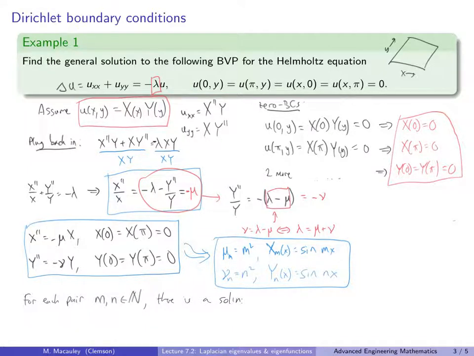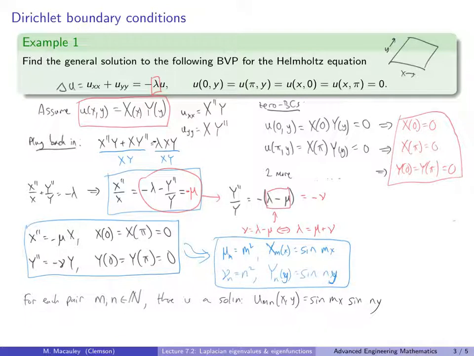Now what do I want to call this? Let me call this u m n of x and y, which is this times this, which is sine of mx times sine of ny. Oh, look what I just did. I had x here and I need a y there, so sorry about that.